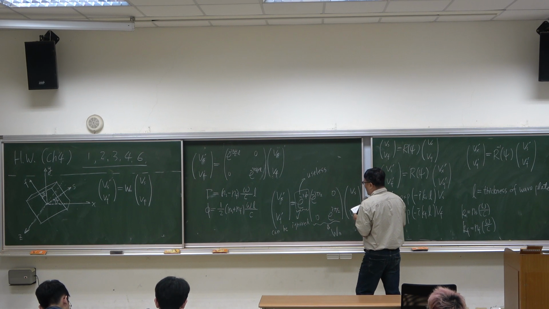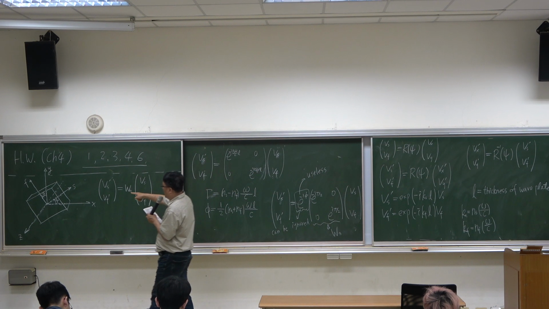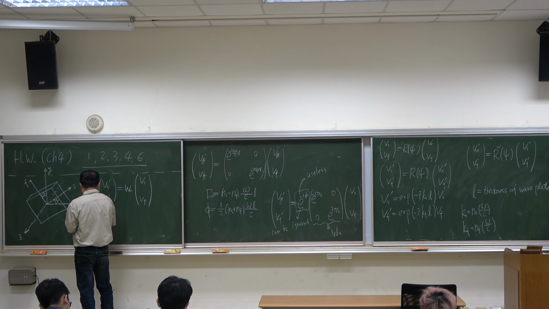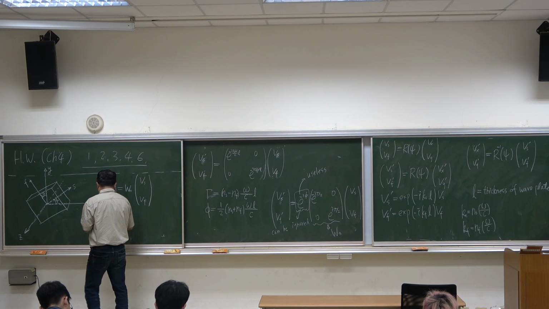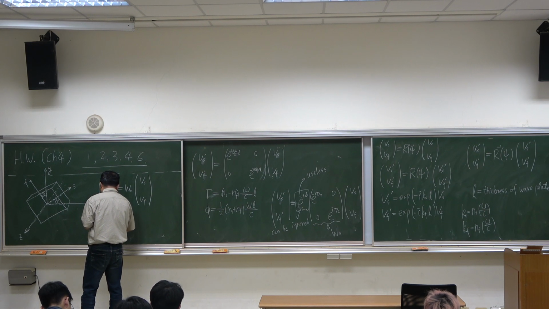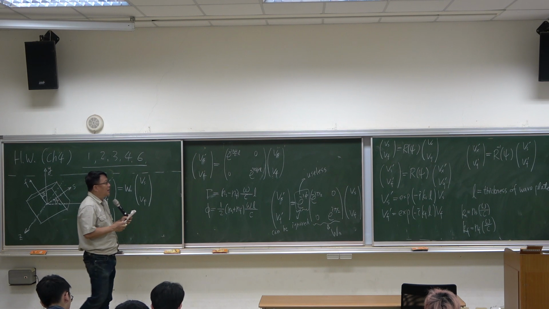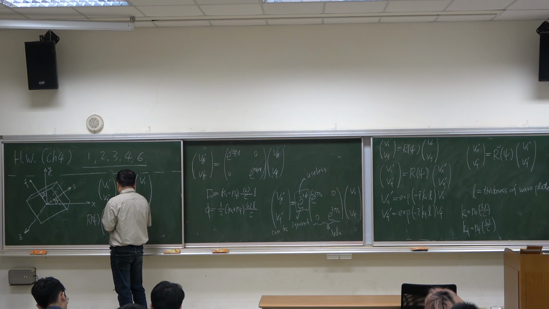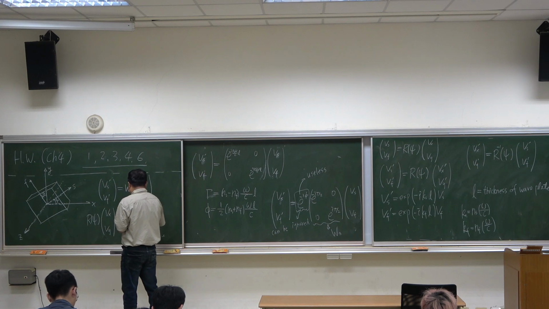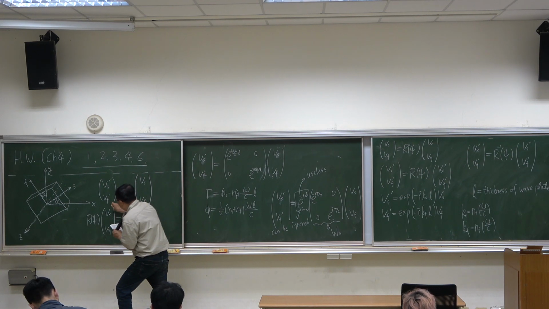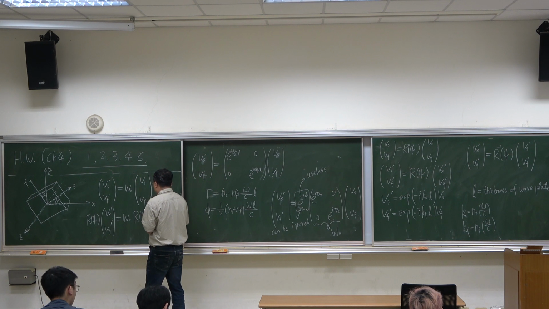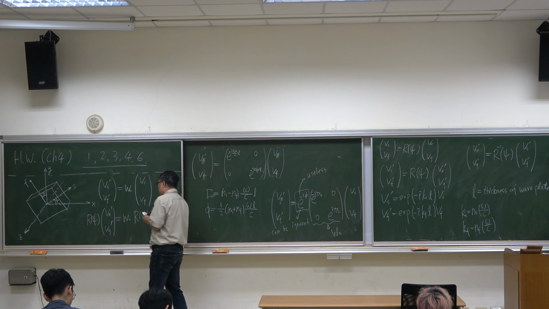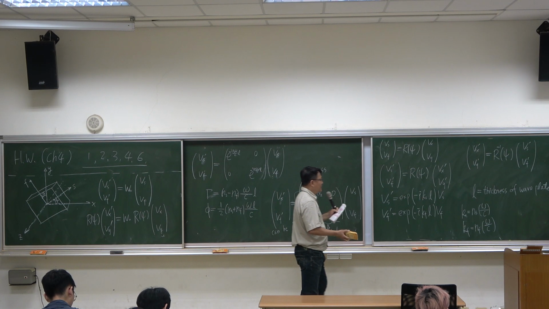Now let's look again: (Vs prime, Vf prime) is R psi times (Vx prime, Vy prime), and (Vs, Vf) is R psi times (Vx, Vy). So we have W0 times R psi times (Vx, Vy) equal to R psi times (Vx prime, Vy prime).